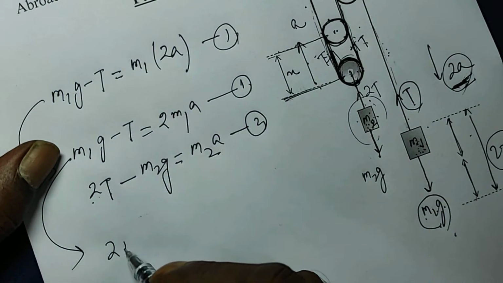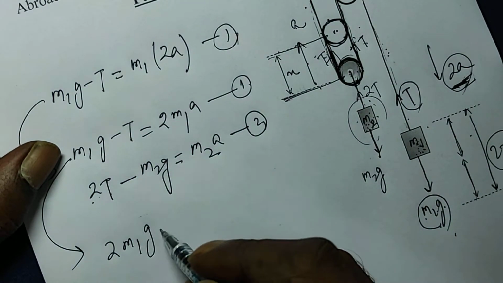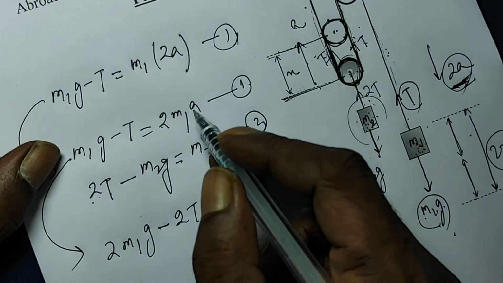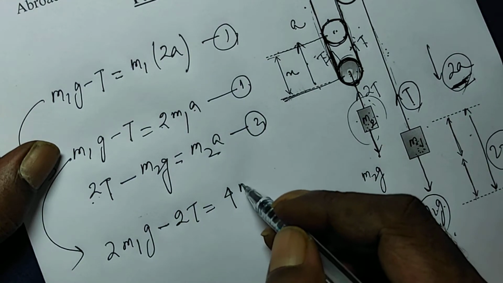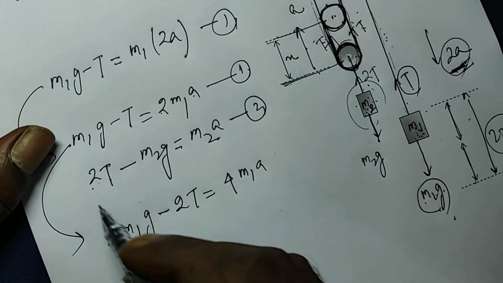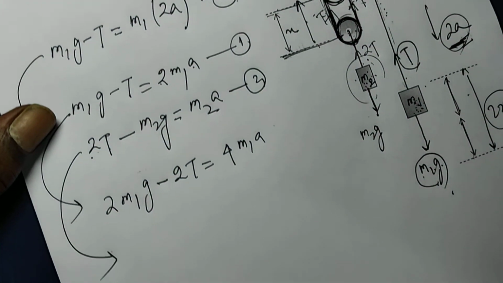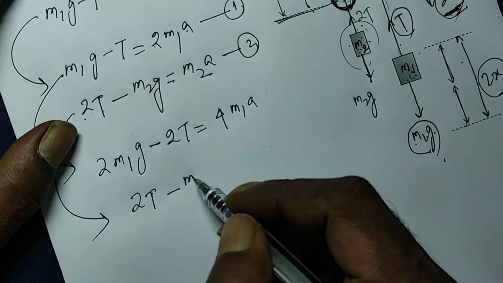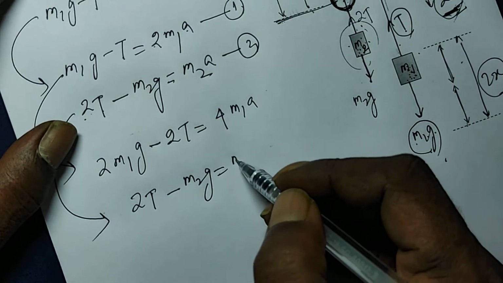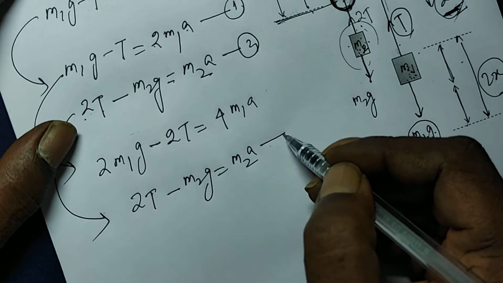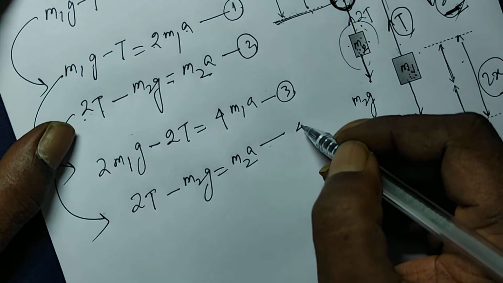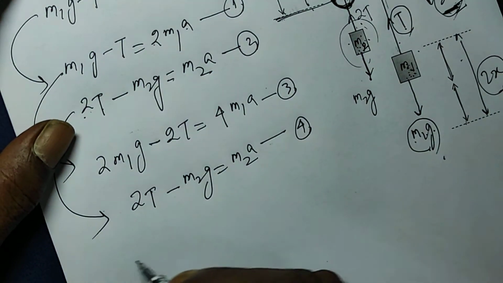So 2m1g minus 2 times T is equal to 2 times this, that is 4 times m1a. And I keep this equation as such just below it, 2T minus m2g is equal to m2a. So let it be 3 and 4. These are your new equations.